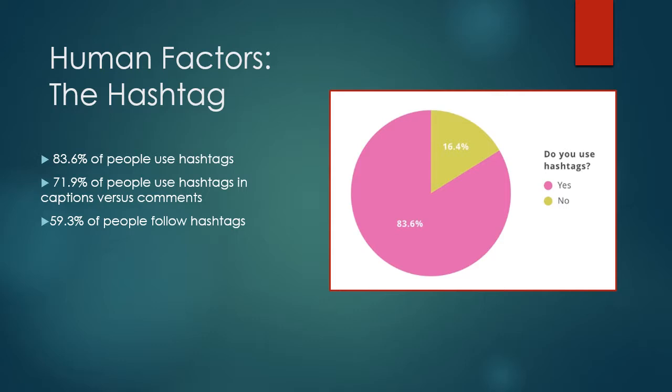And 83.6% of people use hashtags on Instagram. 71.9% of people using hashtags use them in captions versus comments. So they use it when they post a photo to caption a photo in order to categorize that photo rather than the comments. And then 59.3% of people will be following hashtags, right? They'll follow a certain photo thread about a certain subject.